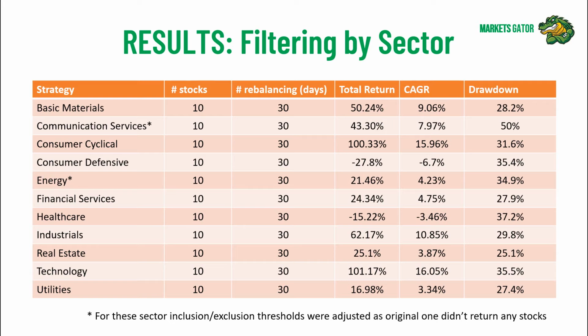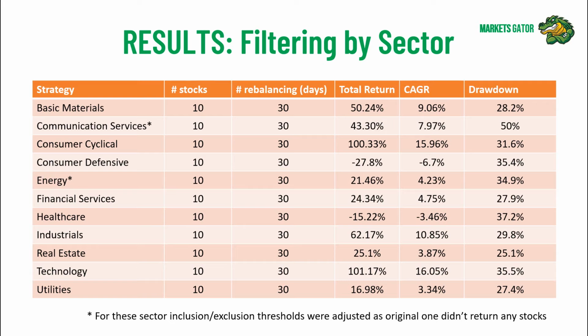When running the strategy for these sectors, it appeared that the default inclusion and exclusion thresholds, 0.7 and 1.1, are not applicable to them. No undervalued stocks were found. In order to run the strategy, I had to increase the thresholds to 0.9 and 1.3, respectively.